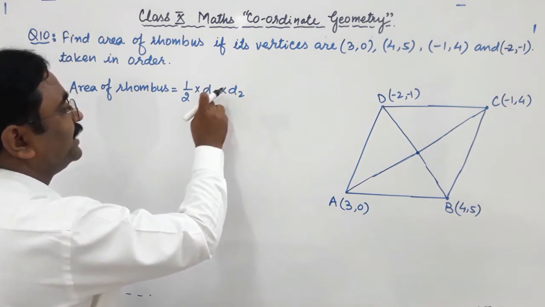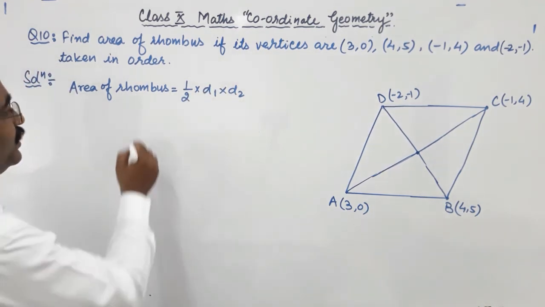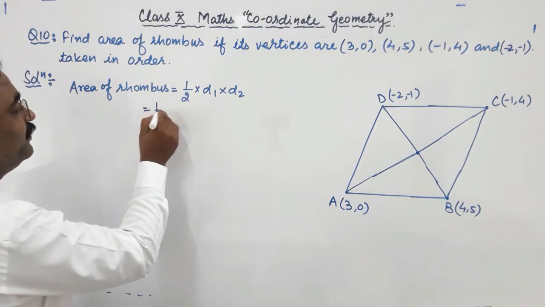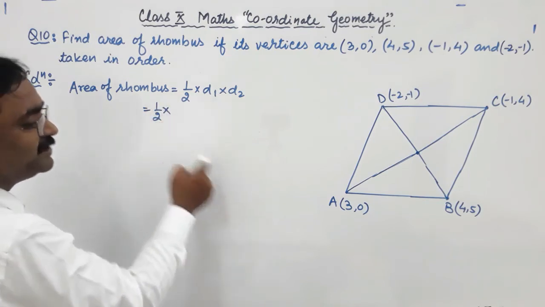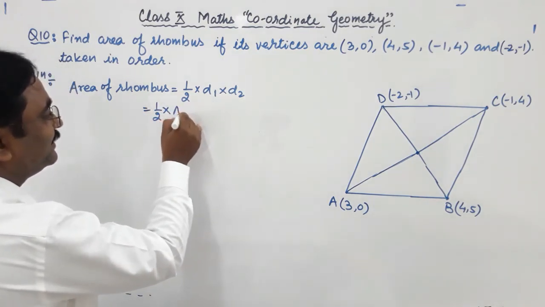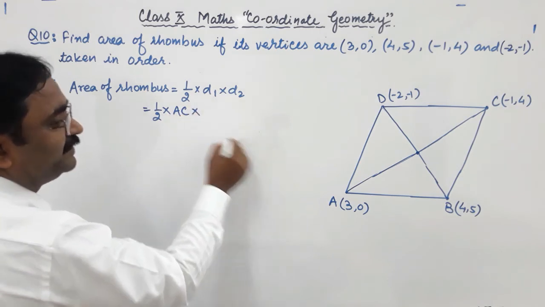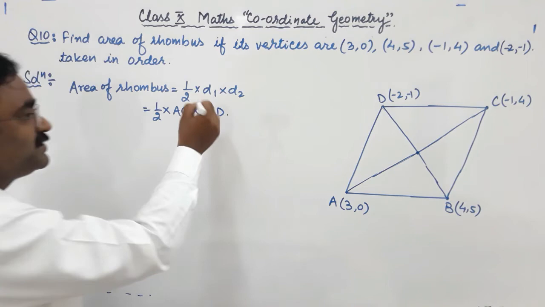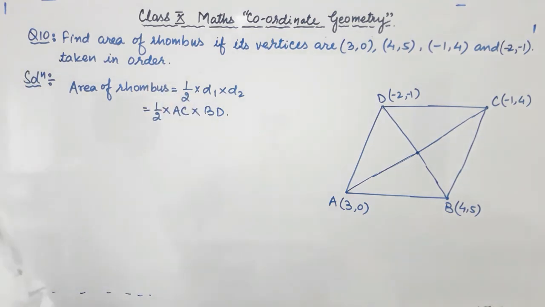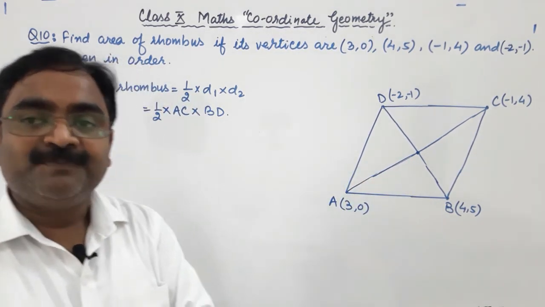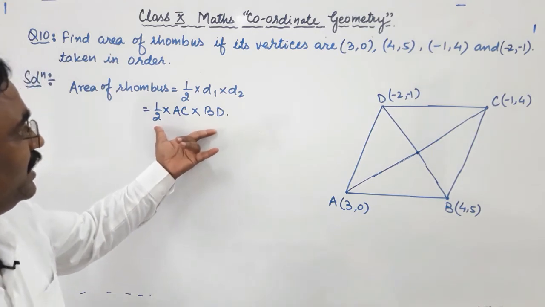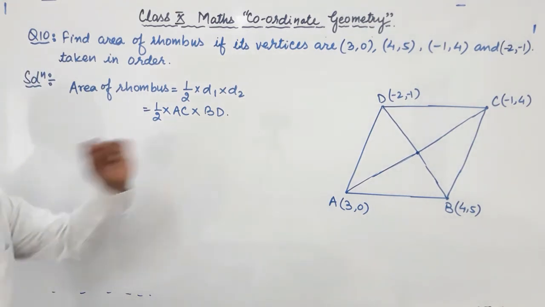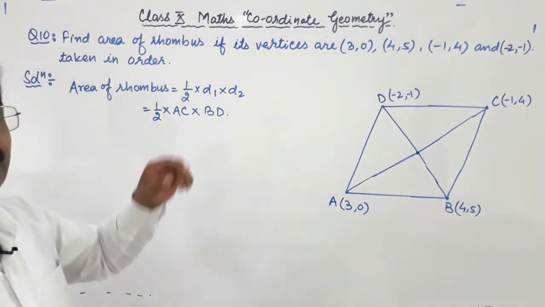So half multiplied by diagonal 1, which is AC here, and diagonal 2 is BD. This is the formula to find the area of this rhombus. चलो, according to the formula, half into diagonal 1 into diagonal 2, half into AC into BD.